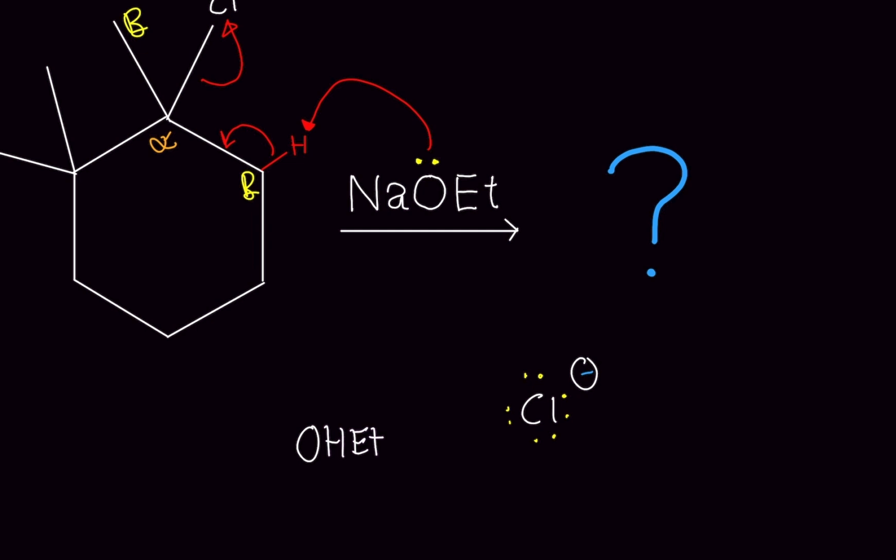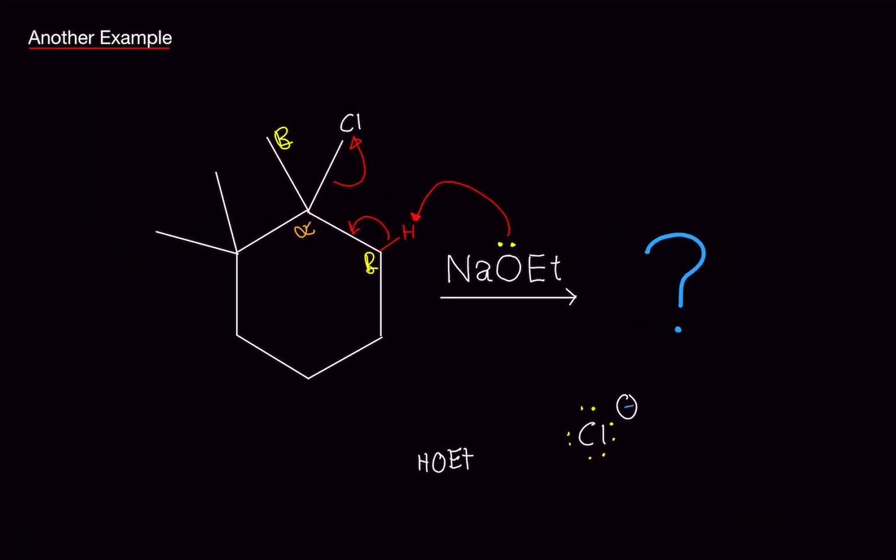Just attach the hydrogen to the oxygen and include the rest of it except the sodium. Actually, you could draw it like this. Better to do it like that. And then you would draw in what we have. Like that. And that is it.